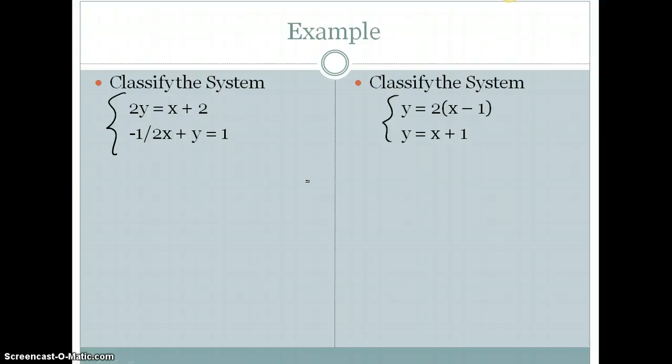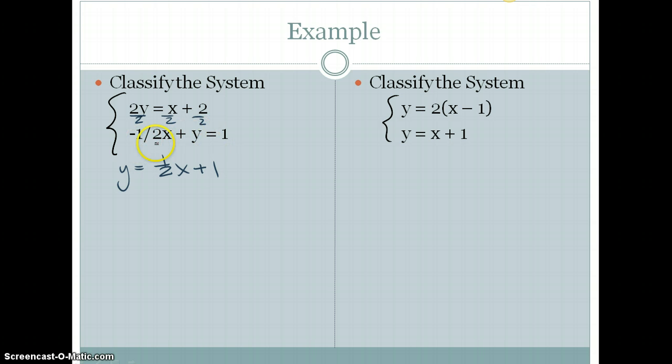So the example says to classify each of these two systems. The first one has 2y is equal to x plus 2. Again, your first step is to make these both into slope-intercept form. So I'm going to divide the first one through by 2, and that is going to give us y is equal to a positive 1/2 x plus 1.